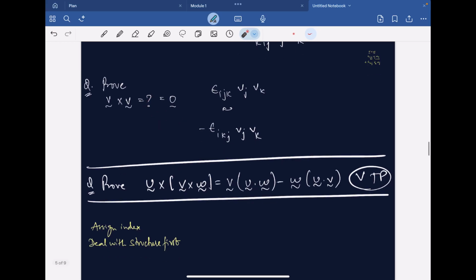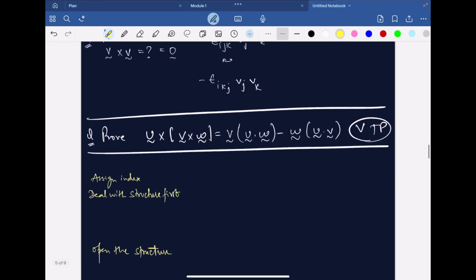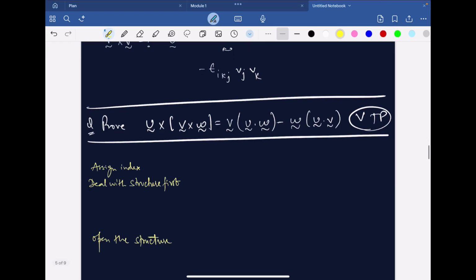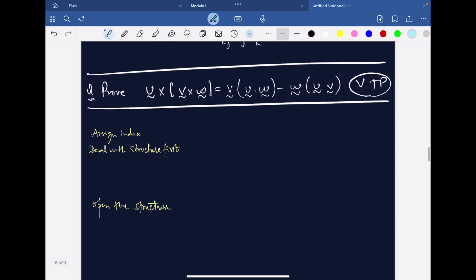Let's move on to a more involved example of a vector triple product, where the left hand side is to be proven equal to the right hand side. u cross v cross w should be equal to the right hand side. So let's take it step by step, and I'll show you how to use Einstein notation here. So the first step is to assign the index.